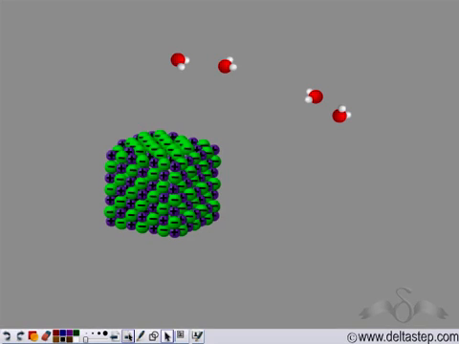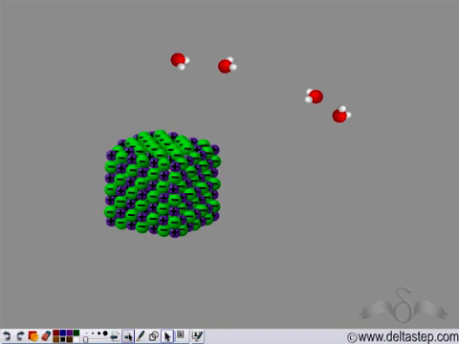When the water molecule attaches itself to the NaCl crystal, the negative oxygen end attracts the positive Na+, and the positive hydrogen atoms attract the negative chloride ions.